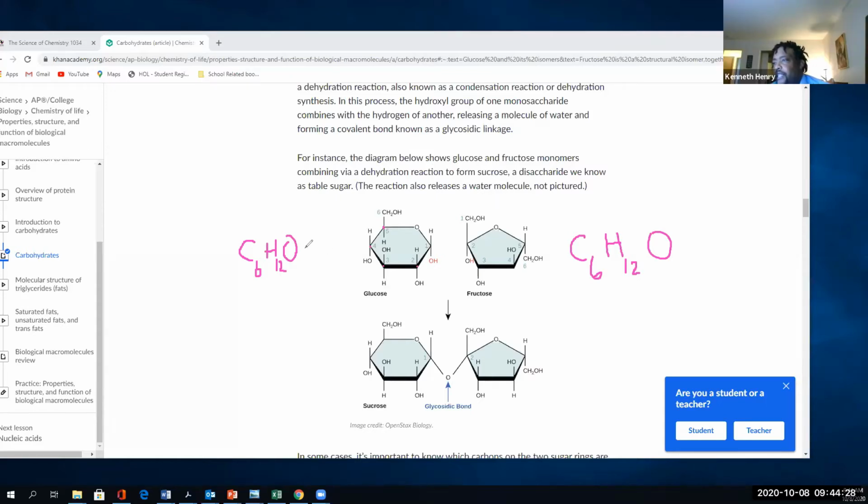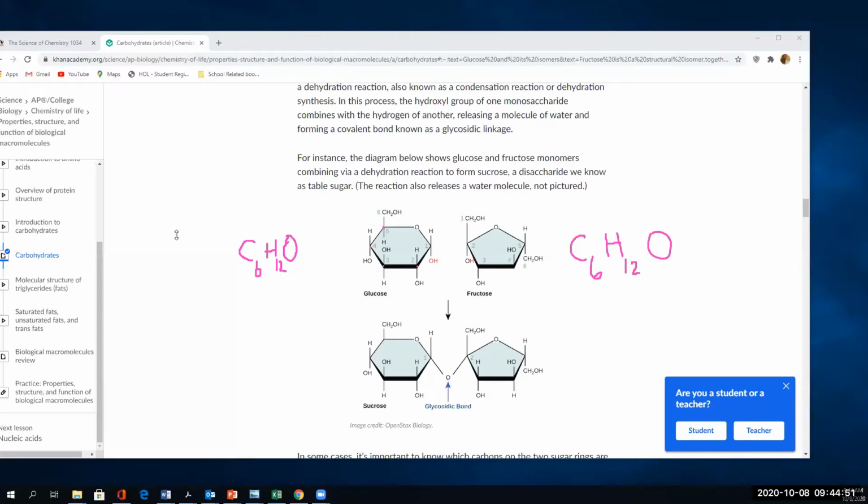How many oxygens did you get? How many oxygens do we have? Do you count just the O's or the ones with the oxygen and hydrogen?